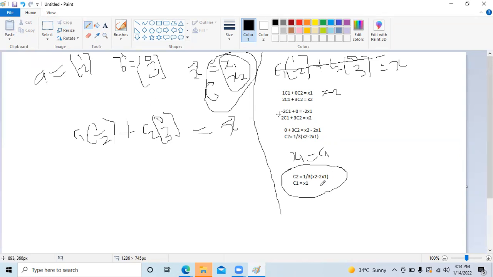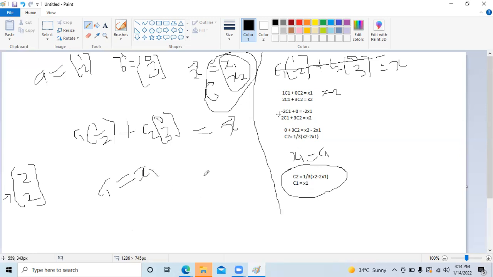Should we try? Okay, so let's try. Let's say what linear combination of A and B will get us to vector 2, 2. What linear combination of this vector and this vector will get us here? So let's do it now. C1 equals x1, right?